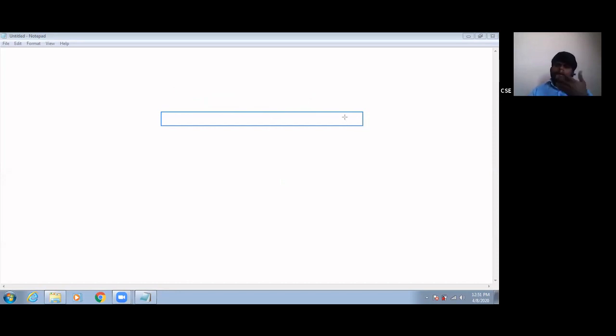The tape is infinite. Actually, I'm drawing the diagram very neatly, because the visualization is also very important.